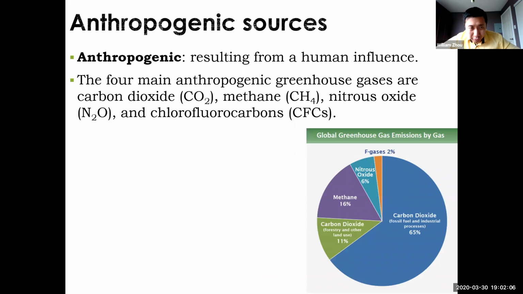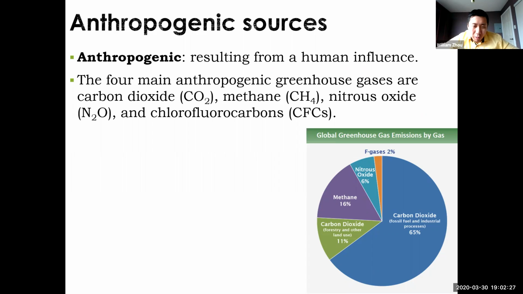Now, which brings us to anthropogenic sources. So anthropogenic, as we may have mentioned before, means human source. So resulting from humans. There are natural greenhouse gases, and then there are anthropogenic greenhouse gases. That simply means humans release these, nothing to do with nature.